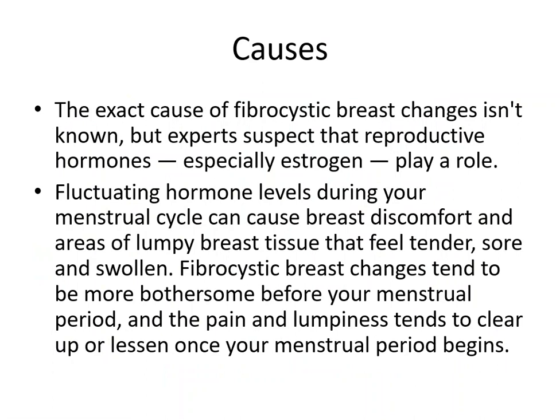It can cause breast discomfort and areas of lumpy breast tissue that feel very tender, sore, or swollen. Fibrocystic breast changes tend to be more bothersome before the menstrual period, and the pain and lumpiness tend to clear once the menstrual period begins.